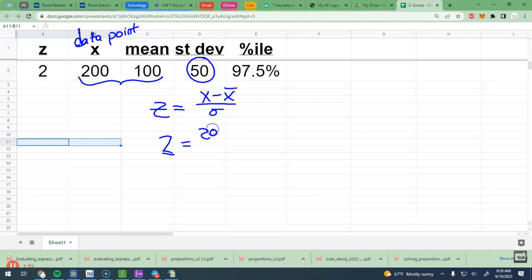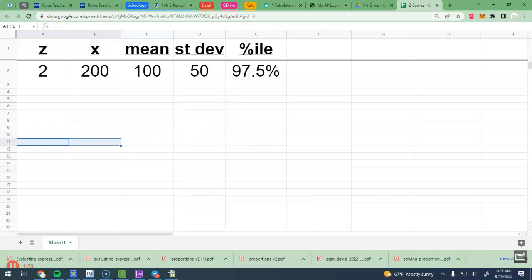So this would be 200 minus 100 over 50. And then that matches up, right? This is what we're saying, how far away is it from the mean? And then do 100 divided by 50, and this would say 2 equals 2. So I'm just going to prove to you that it works. So yeah. What formula are you used to? It's the same formula, just different notation. It's the notation I'm used to.